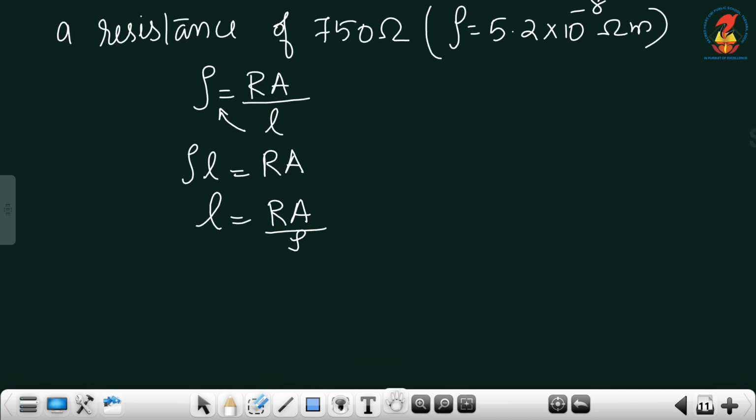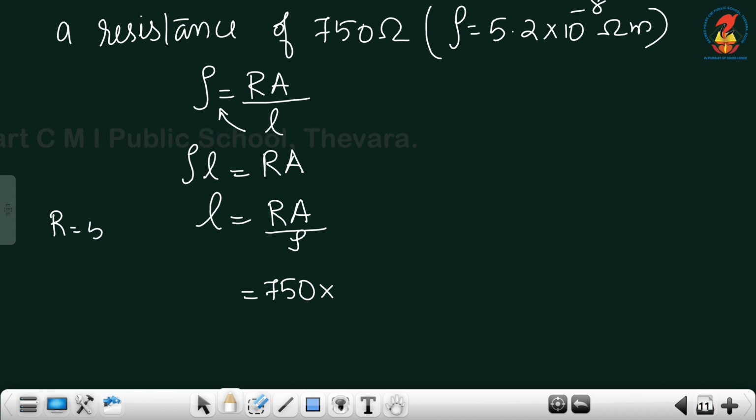Now we will substitute here. What's the resistance? 750 ohm. Into area of cross section, that is 5 millimeter square. Here R is given as 750 ohm, A is equal to 5 millimeter square.